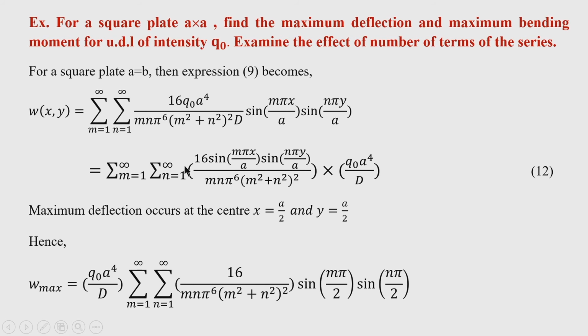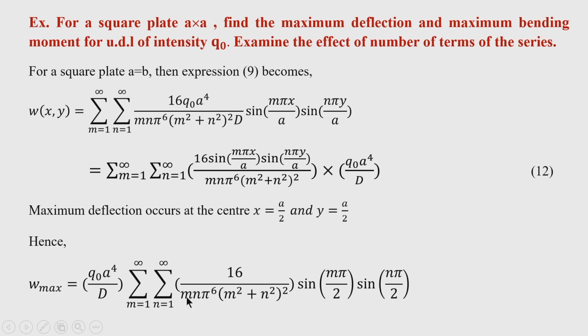So, the maximum deflection occurs at the center, x equal to a by 2 and y equal to a by 2. When we put these values, we get the maximum deflection as this. So, q naught a to the power 4 by D is a constant term, which we have taken outside the summation, and the summation term we now have to evaluate to see how the maximum deflection converges with the number of terms.